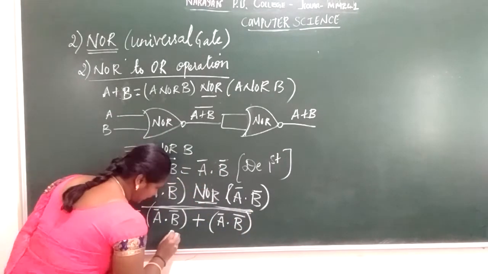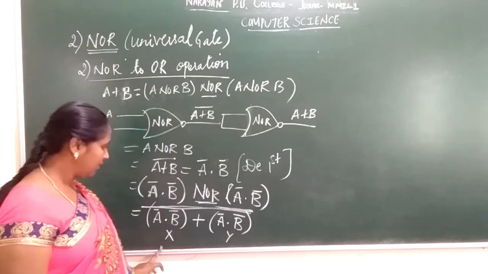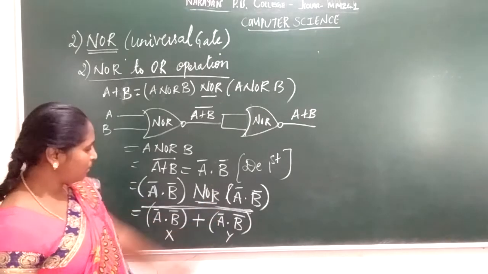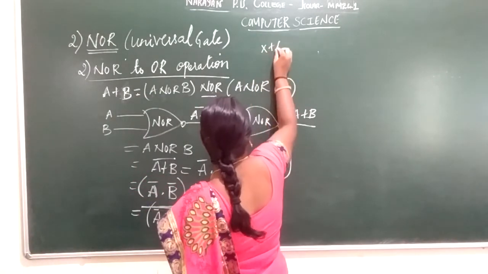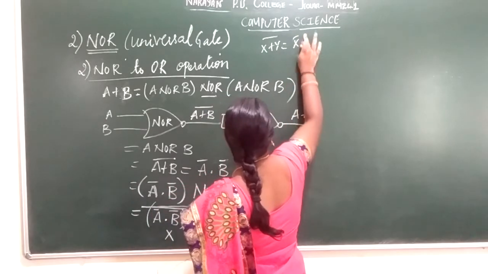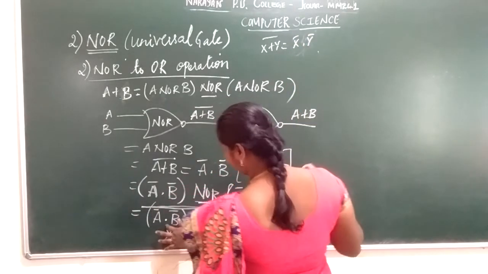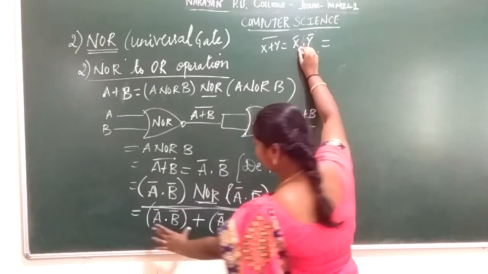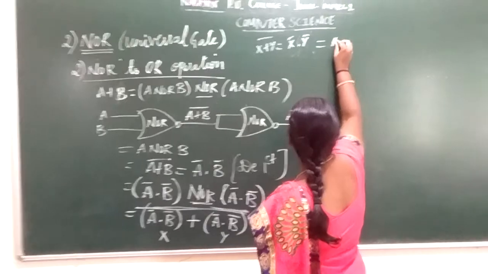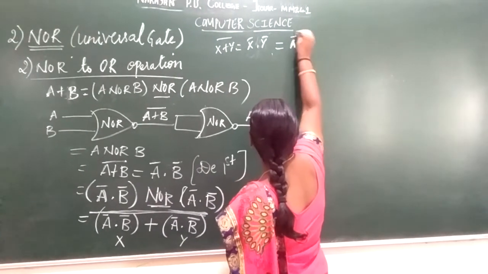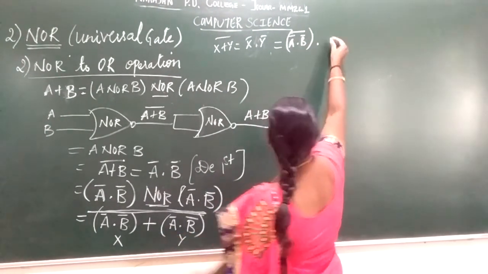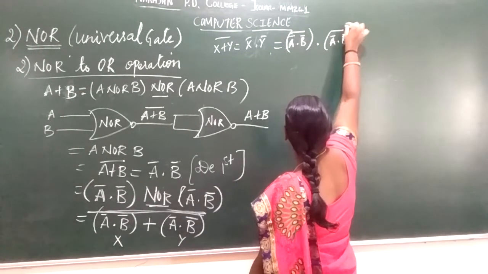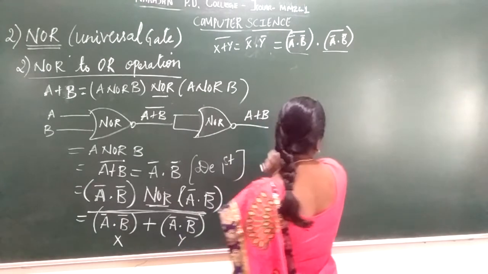So this acts as x and this acts as y, that is in the form of the first De Morgan's theorem: x plus y the whole bar is equal to x bar into y bar. How do we represent this? This is my x term. I am going to take it as a bar into b bar the whole bar, into a bar into b bar the whole bar. This is my x term, this is my y term.